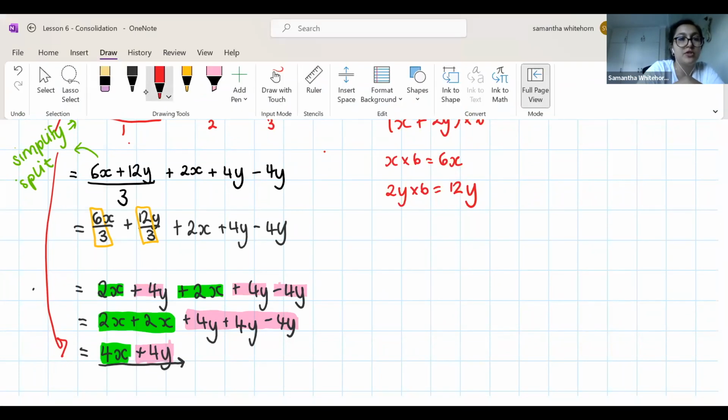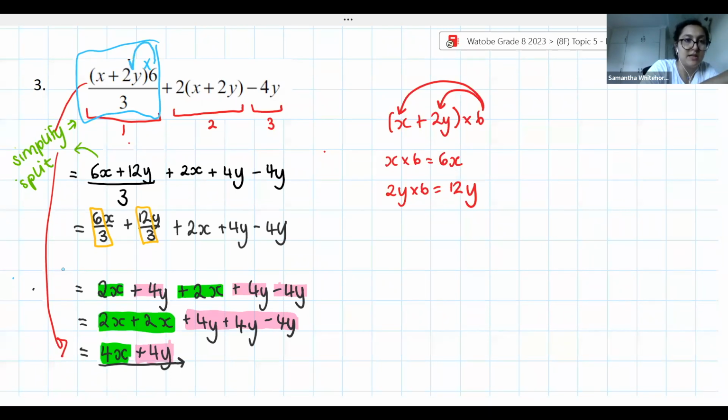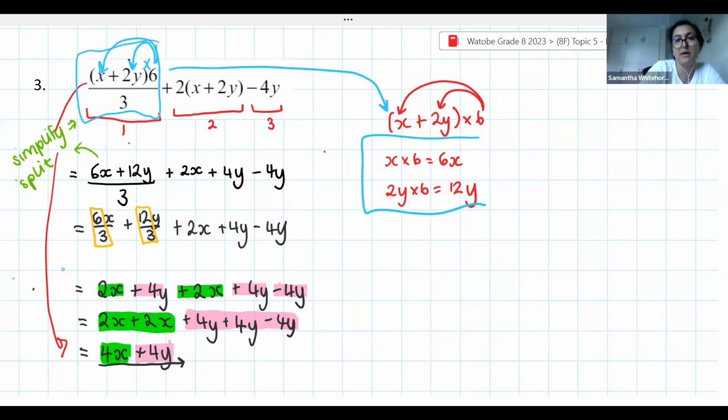Now, in the first term, which is the fraction, I can see that I have the bracket times 6. So what I need to do is multiply the 6 and the 2y, and the 6 and the x. That's what I've done over here. I've done my multiplication, giving me 6x and 12y, which is my new numerator once I've simplified.